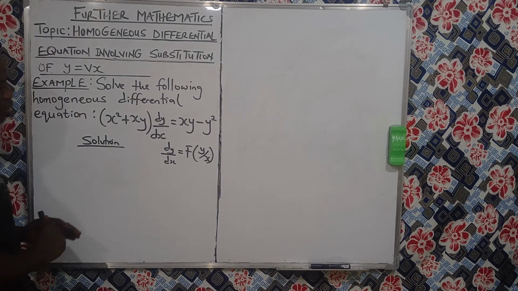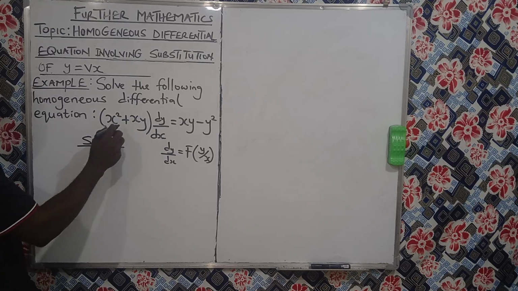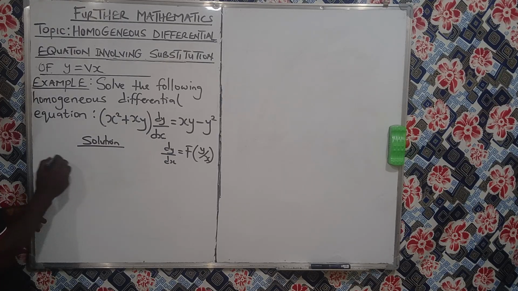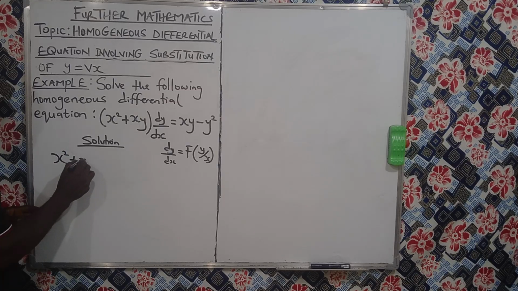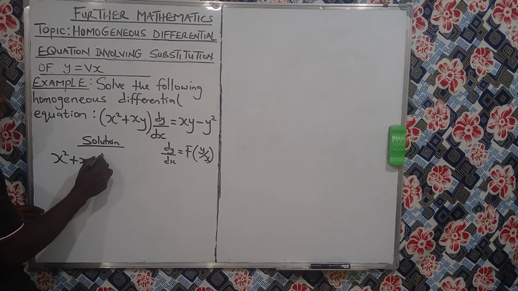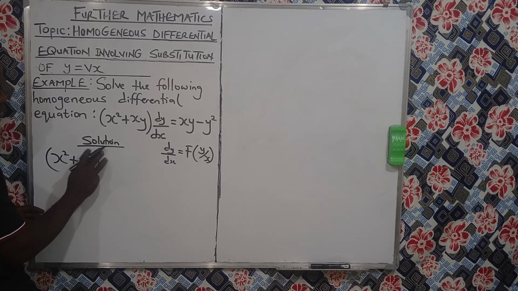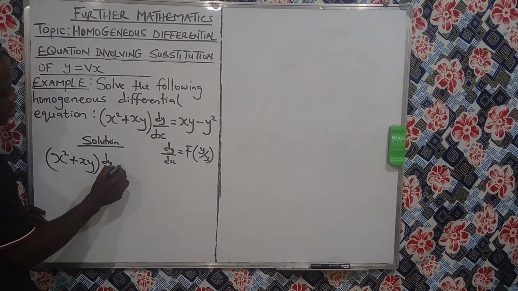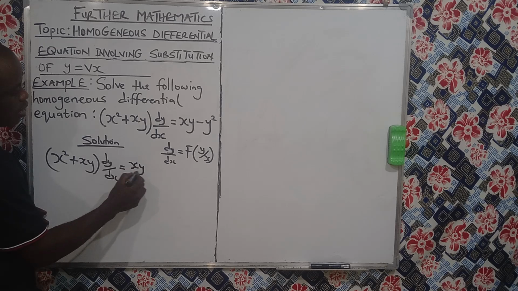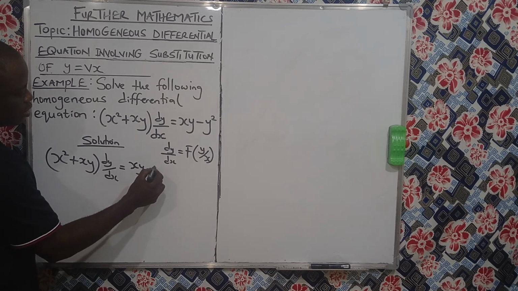Okay, the first thing to do is to divide both sides by x squared plus xy. Now let's write the equation. x squared plus xy, dy over dx equals xy minus y squared.